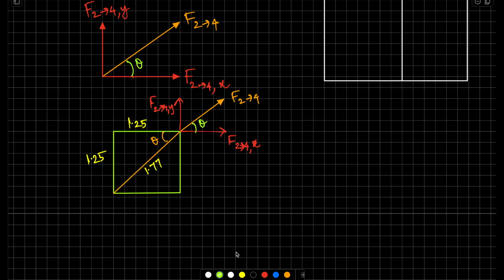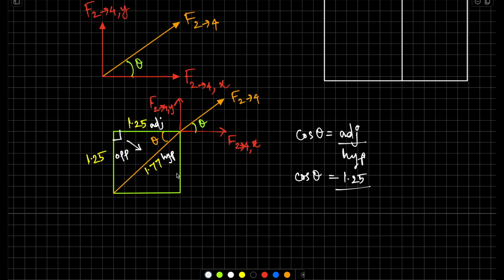Cos theta is equal to adjacent side over hypotenuse. This is theta, so the side opposite theta is the opposite side, and the side next to theta is the adjacent side. This is the 90-degree angle, and opposite the 90-degree angle is the hypotenuse. So which one is the adjacent side? This one, which is 1.25.